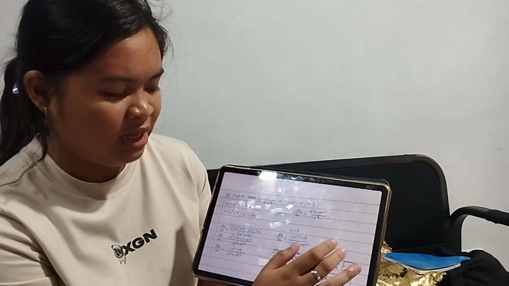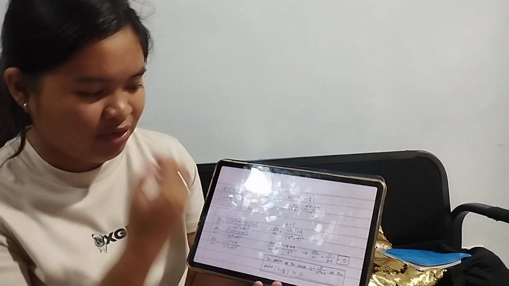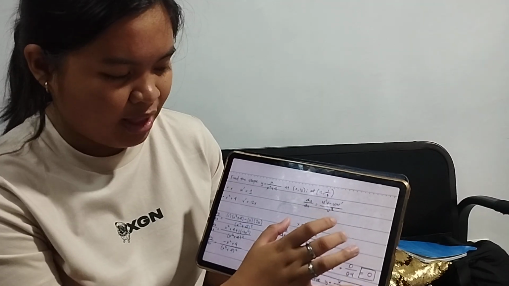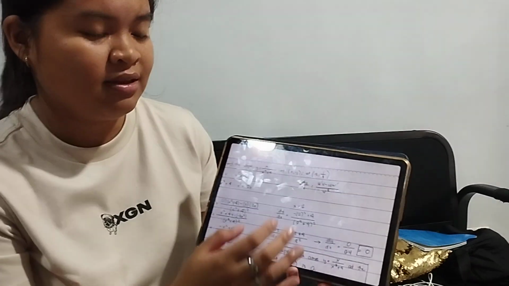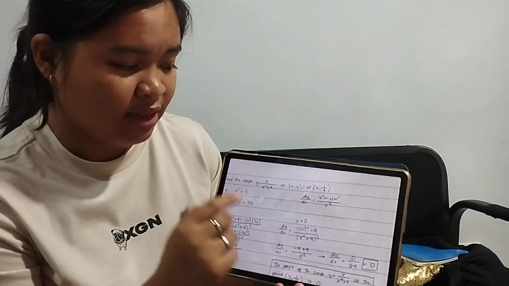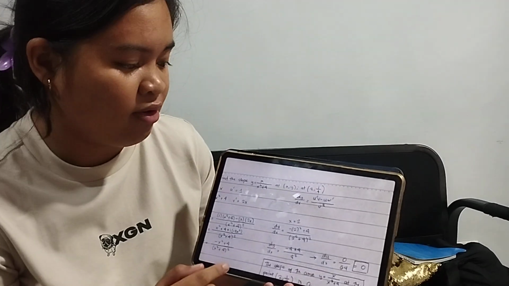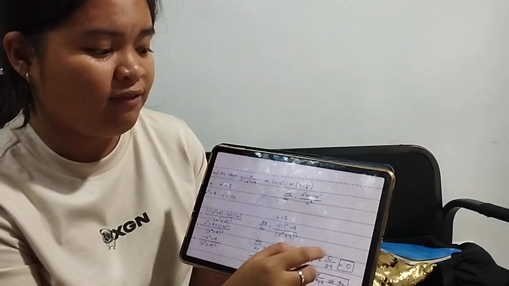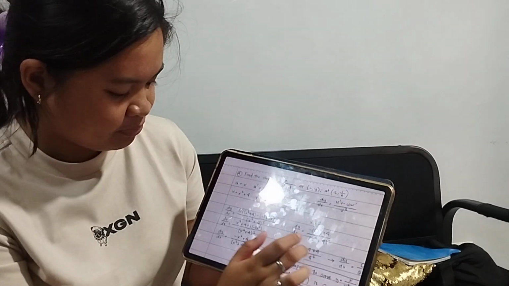And then since this is a division, we can apply the quotient rule, which is the derivative of u times v minus u times the derivative of v, over v squared.